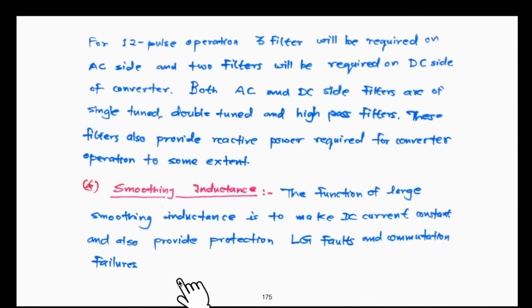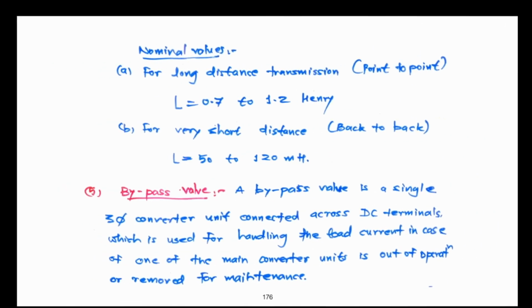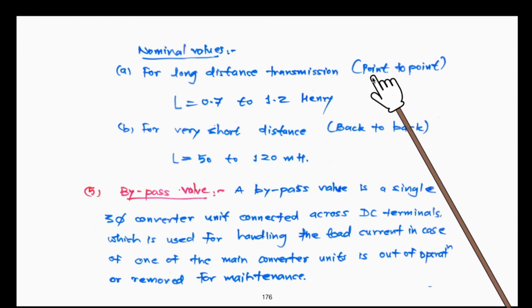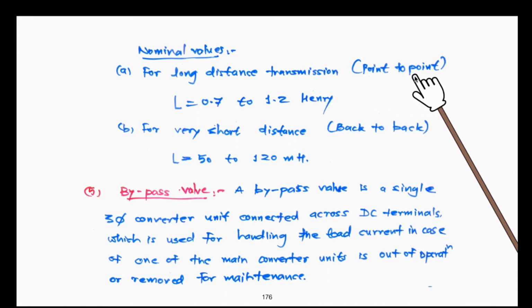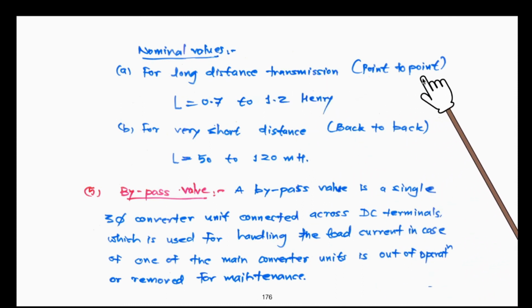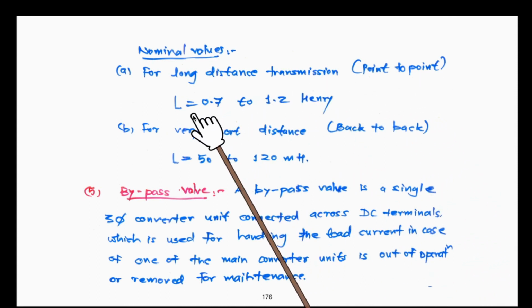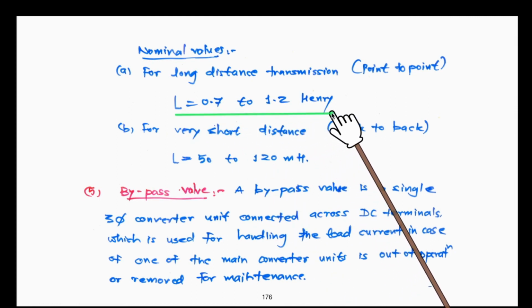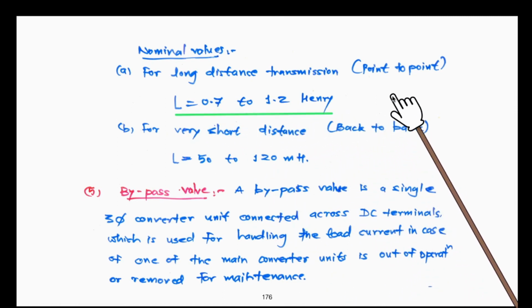Let us check the range of smoothing inductances used for different types of transmission schemes. For long distance transmission, I was telling you earlier, the point to point scheme is used, and in this scheme the value of smoothing inductance is very large. You can see here, for bulk power transmission, 0.7 to 1.2 henries.